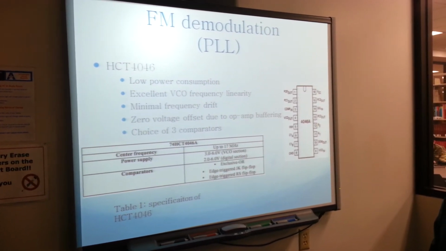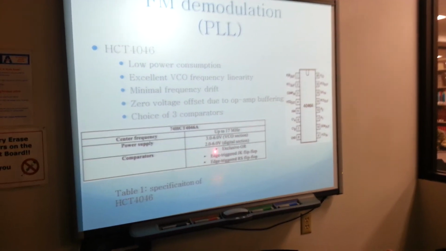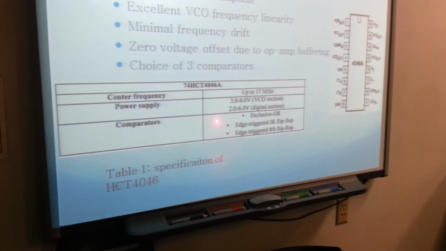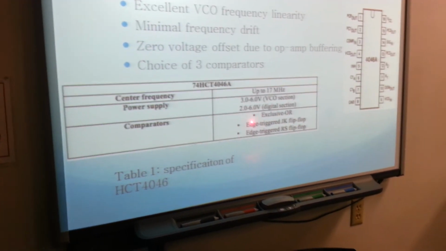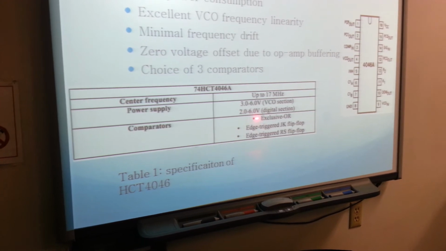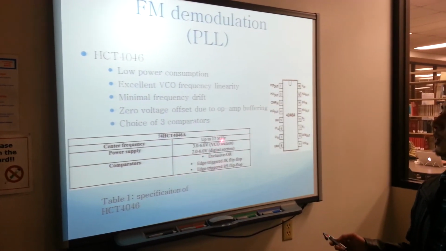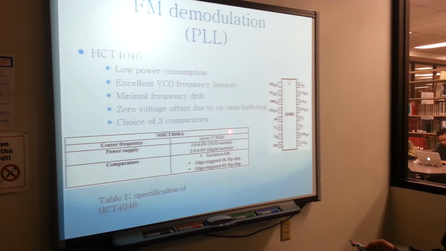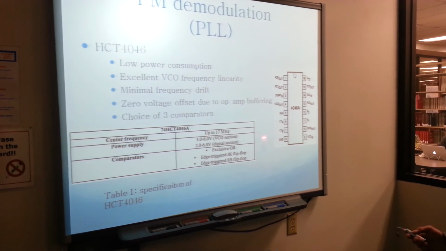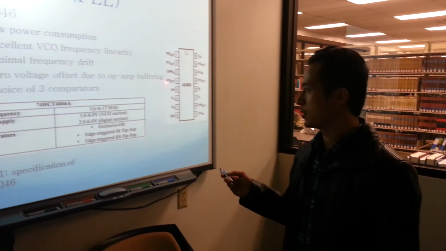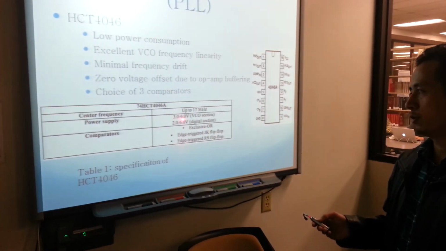We have the choice of three comparators with this IC, which are exclusive OR, edge trigger JK flip-flop, and edge trigger RS flip-flop. For our project, we are using comparator 1, which is exclusive OR. The center frequency for this chip is up to 17 megahertz, which is preferable for this project, since our input frequency is going to be 10.7 megahertz. And the power supply ranges from 3 to 6 volt.